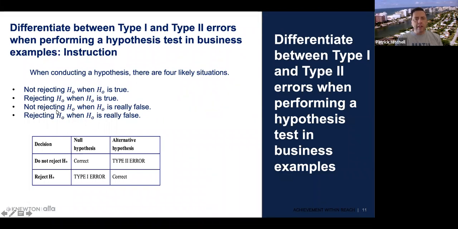So if the null hypothesis is false, then that means the alternative hypothesis is true. All right, and if we don't reject a false null hypothesis, that's called a type 2 error.